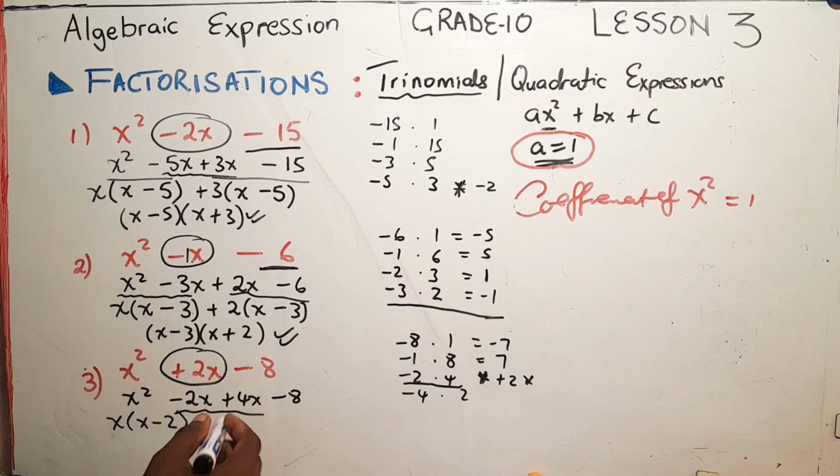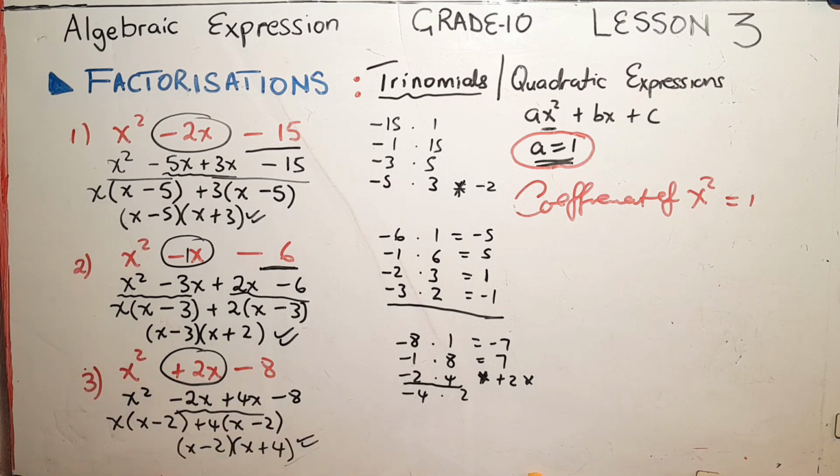And also the common factor there is 4, and we'll be left with x minus 2. And now x minus 2 is common on both, so we can factor out that. So that's x minus 2 and then x plus 4. So it is factorized like that.